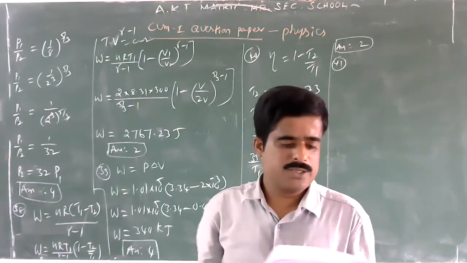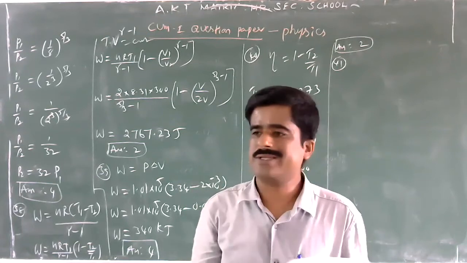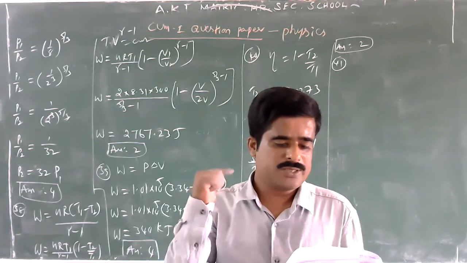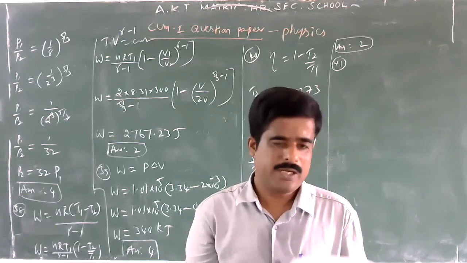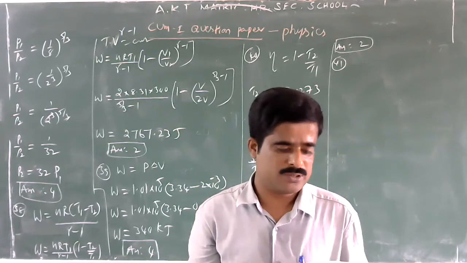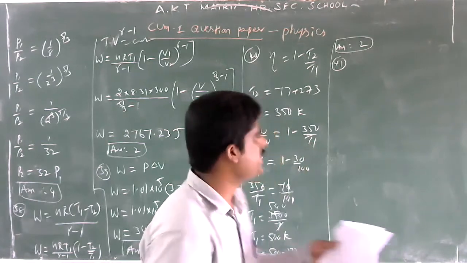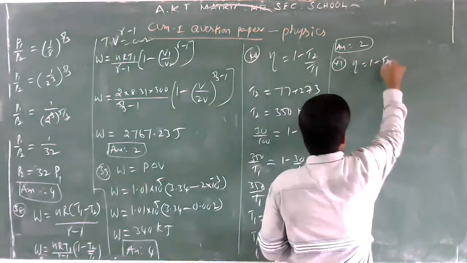The efficiency of a Carnot engine is 50% when the temperature of the outlet sink is 500 Kelvin. In order to increase the efficiency up to 60%, keeping the temperature of the intake source the same, what is the temperature of the outlet? Two different cases are given. In the first case, efficiency is equal to 1 minus T2 by T1.